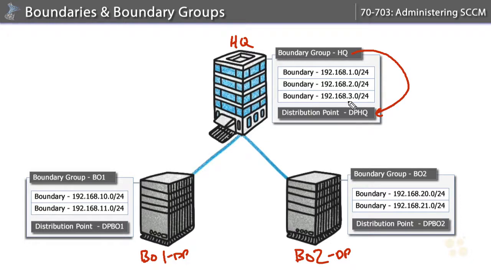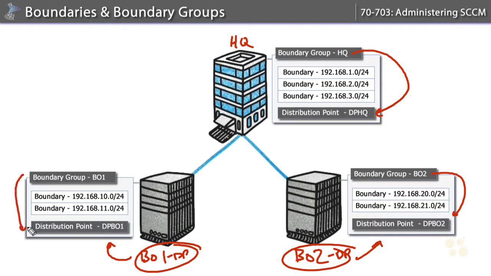So any devices associated with those boundaries will use those services associated with that boundary group. This will ensure that those branch office locations will use the services associated with their boundary groups. In this case, it's going to use those local distribution points rather than traversing the wire to get content from HQ.